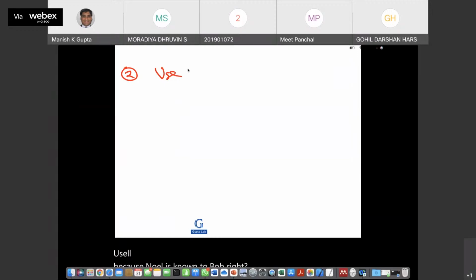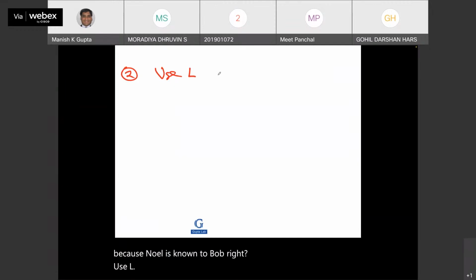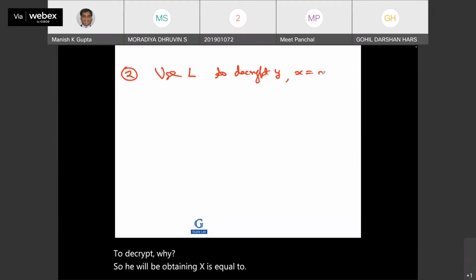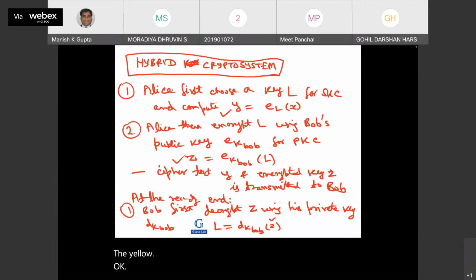Use L to decrypt Y. So he will be obtaining X is equal to DL of Y. So this is how Bob will receive the message, right? So this is a hybrid cryptography.